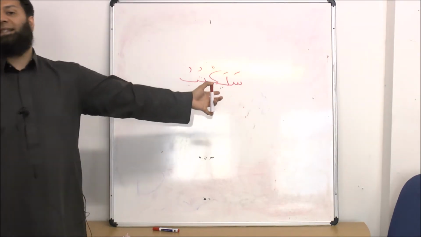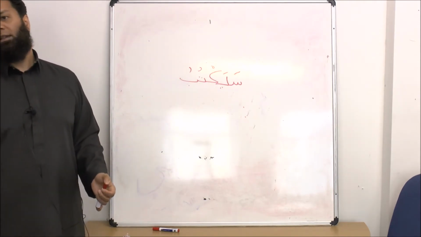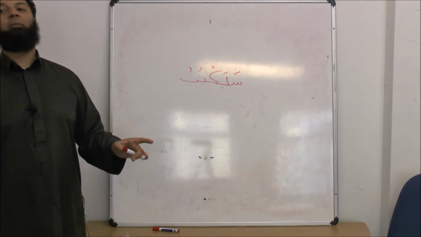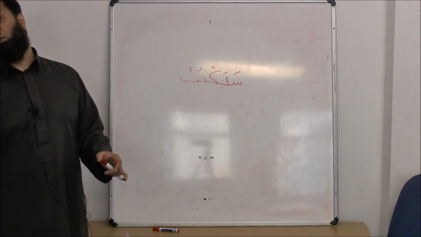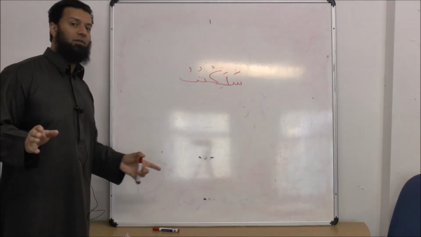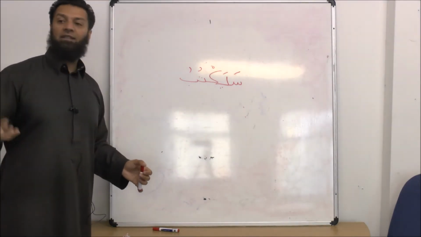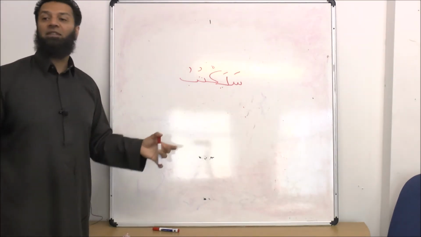Whenever you see a seen before a fi'lul mudari', it can only ever mean will, i.e. the future. It can never be part of the verb. Because the fi'lul mudari' doesn't begin with seen, does it?